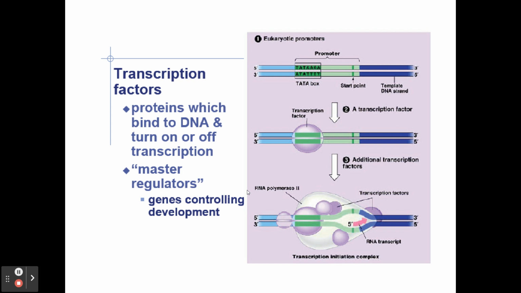Okay, and these transcription factors will assemble. You will get a signal, hey, we've got to turn this gene on, and they will assemble at a specific series of nucleotides at the start of that particular gene, i.e., the TATA box. And only when all of those transcription factors are there will RNA polymerase come in, bind, and read it. Remember, there's really only one type of RNA polymerase, and any RNA polymerase can read any particular gene.